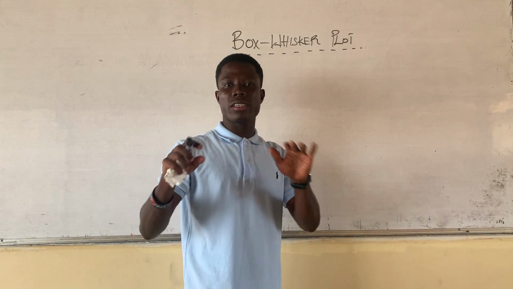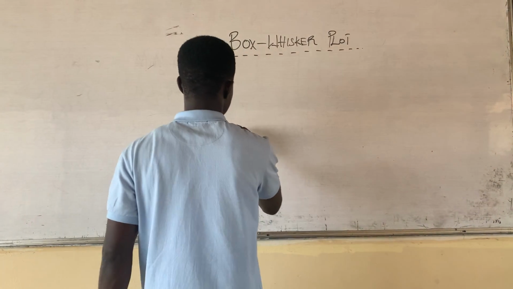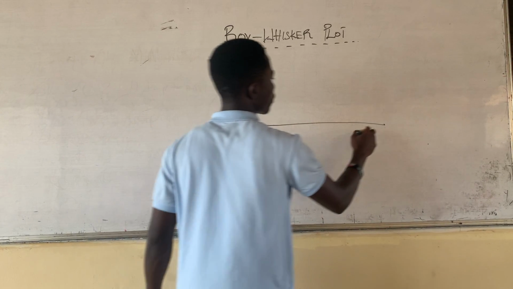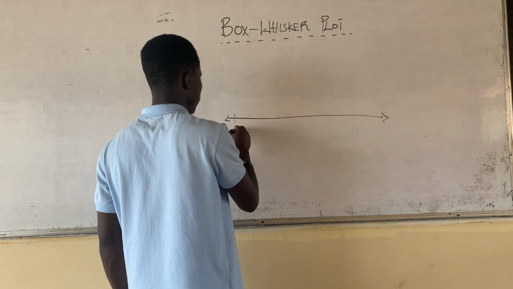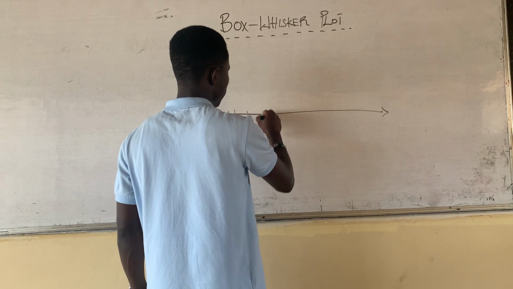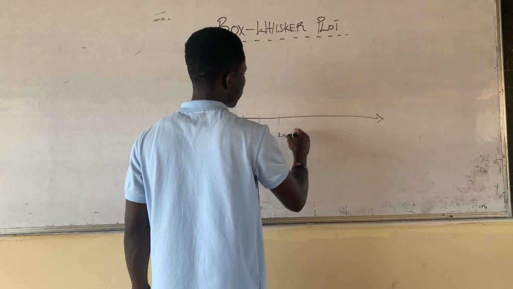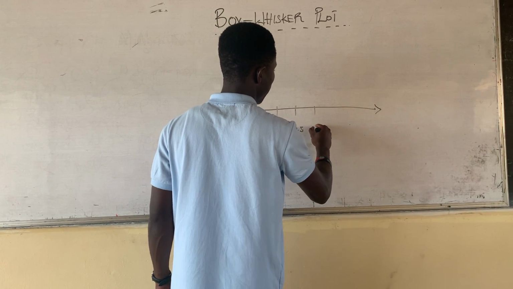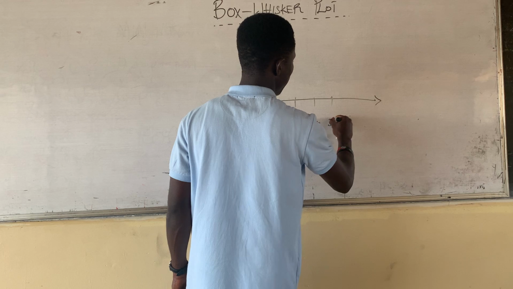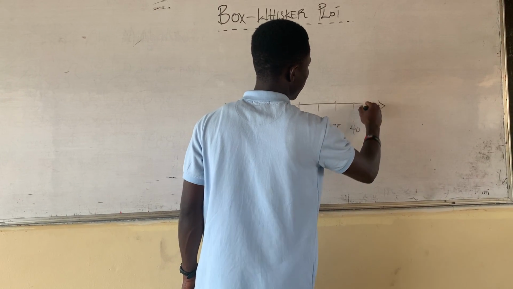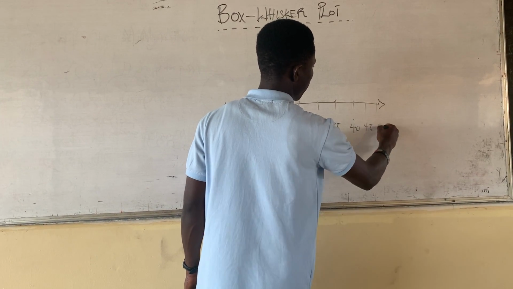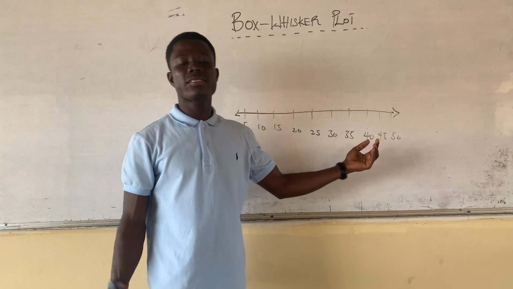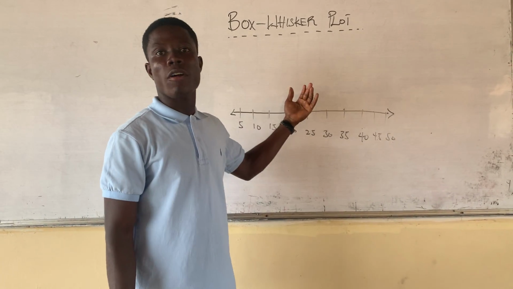Every box and whisker plot is on a straight line. So please, this is our straight line. Now let's come to the drawing of the box and whisker plot.